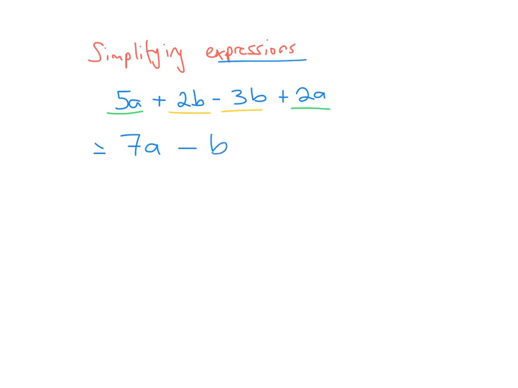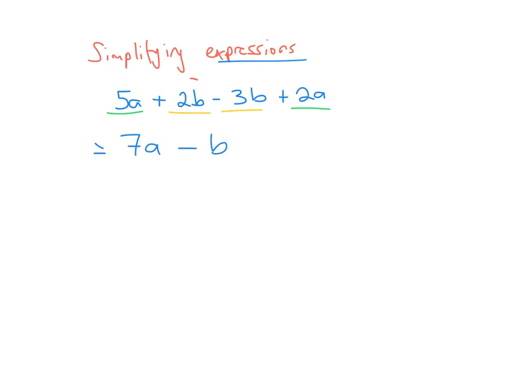Now, another little thing just to remember from your junior cycle is when we're collecting up like terms, you always look for the operation that's in front of the term. So for example, if we look at the yellow underlined parts where we have our plus 2b and our minus 3b, if you're getting confused and saying to yourself, is that going to be 5b or minus 5b or minus b?